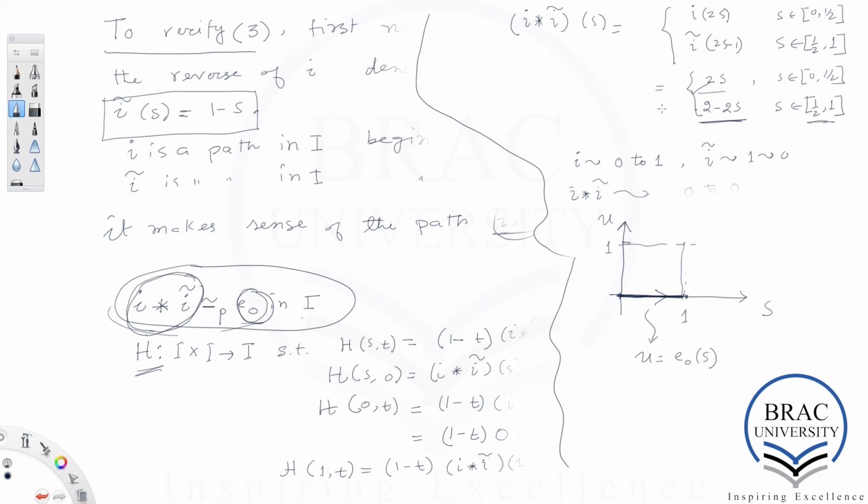Now for this path, as long as s is between 0 and 1/2, I have u equal to 2s.